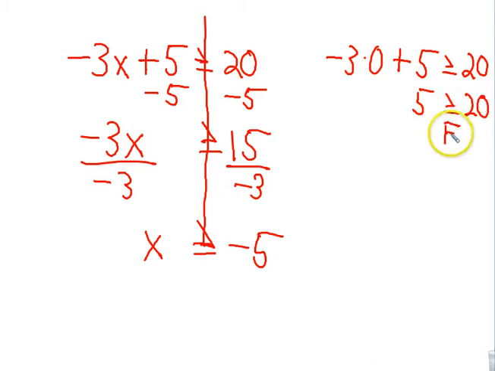Okay. So how do I keep it true? If I want this inequality to make the solution correct, here's what I need to do. I need to switch the inequality. I need to change the direction.